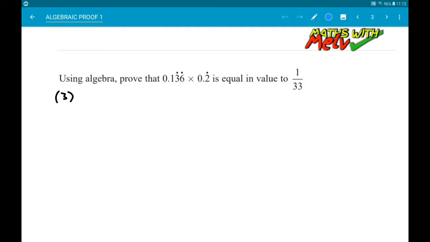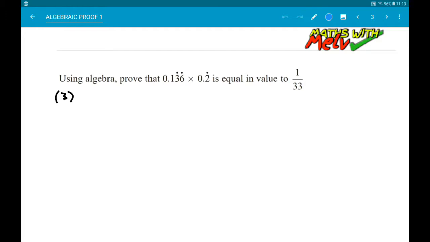Okay, so using algebra, prove that 0.136 recurring times 0.2 recurring is equal in value to 1 over 33. Okay, so we're going to want to turn both of these decimals into fractions. Now we'll do 0.136 recurring first because it's the trickier one to do.